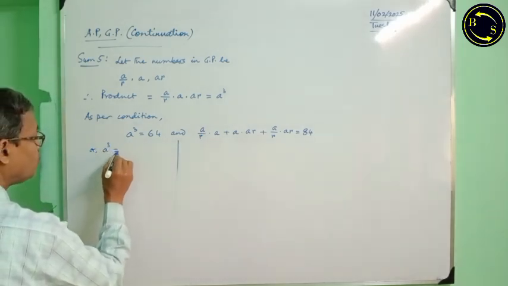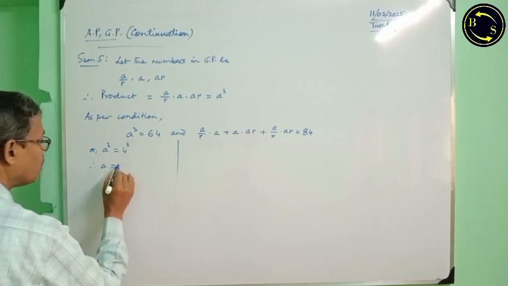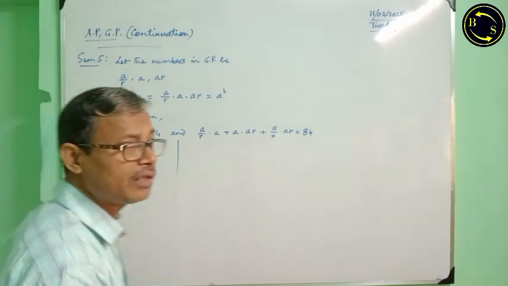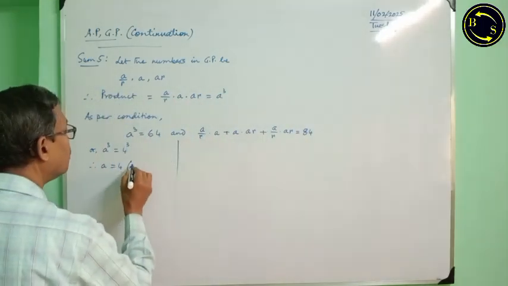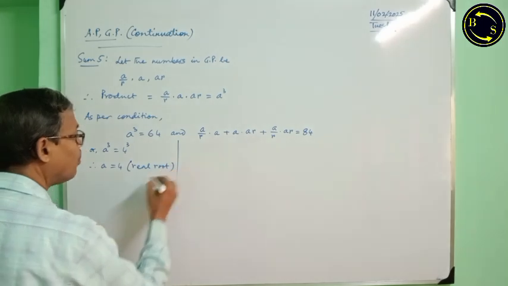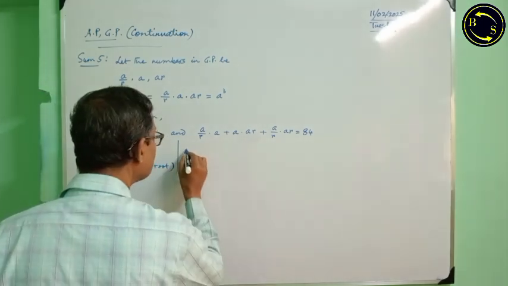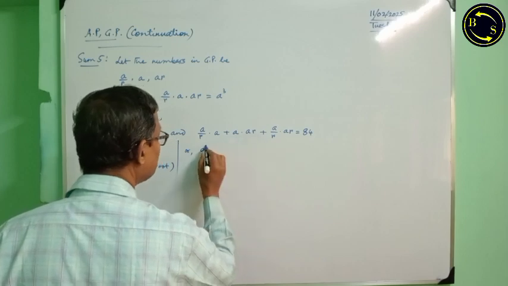Now, from this, A cube equal to 4 cube. Therefore, A equal to 4. We are considering here the real root. Now we simplify this. A square is common.